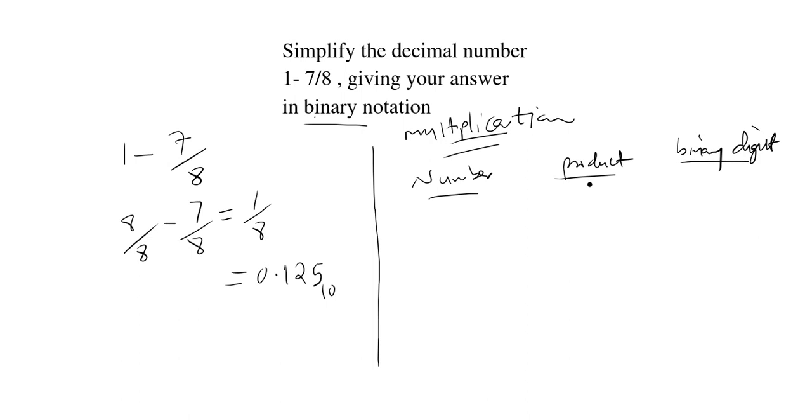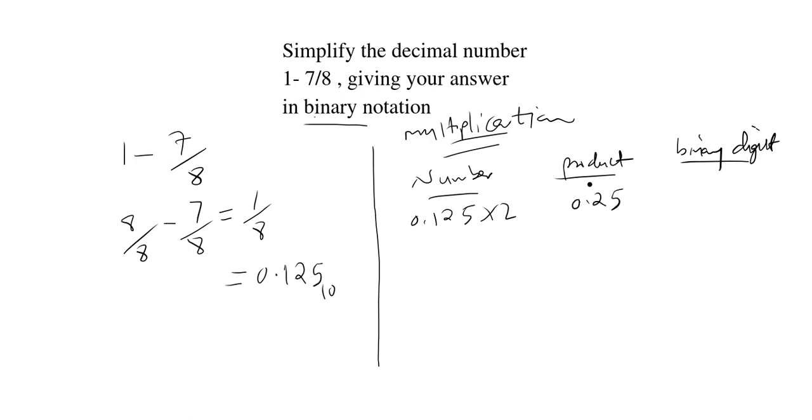The number that you normally multiply is the decimal part. So 0.125 you will multiply by 2. The product is 0.25.